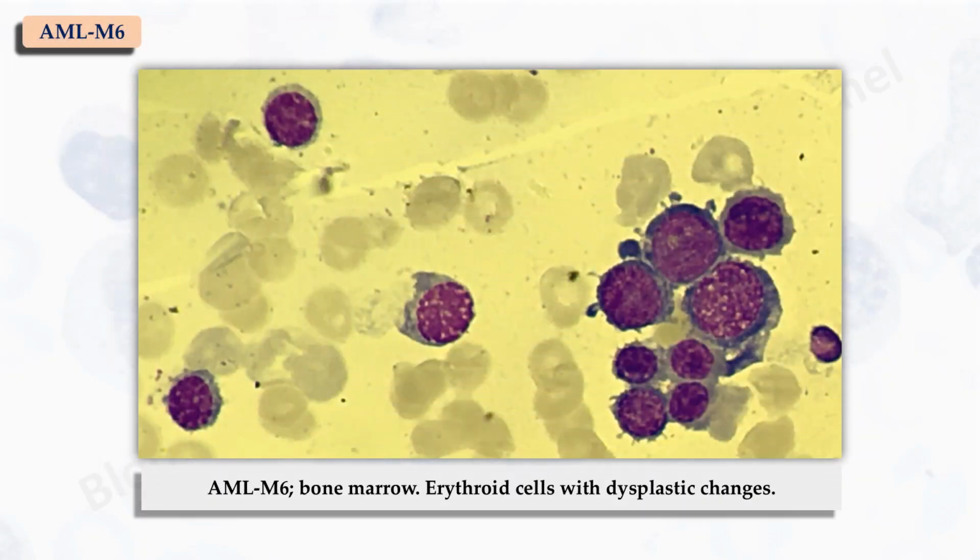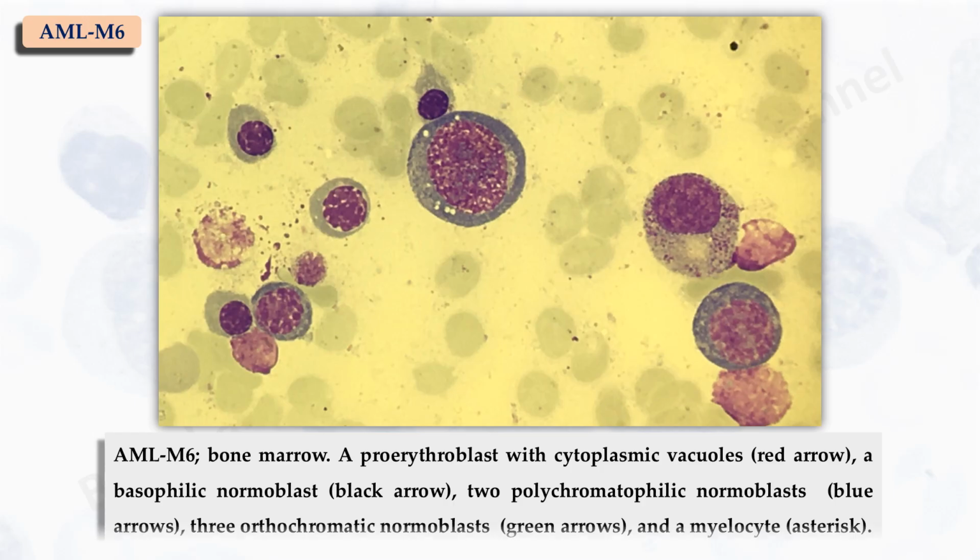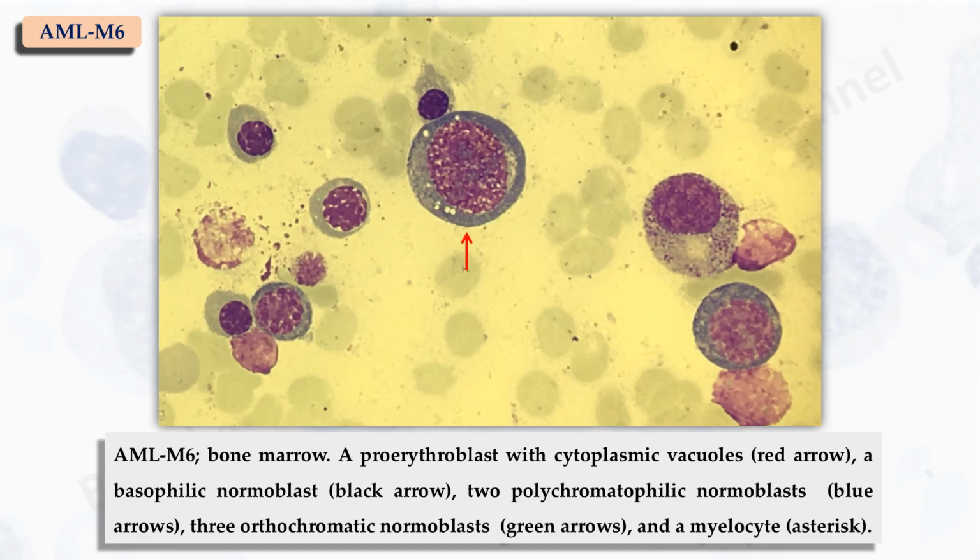Bone marrow film of a patient with AML-M6, showing erythroid cells with dysplastic changes. Bone marrow film of a patient with AML-M6, showing a proerythroblast with cytoplasmic vacuoles, a basophilic normoblast, 2 polychromatophilic and 3 orthochromatic normoblasts and a myelocyte.